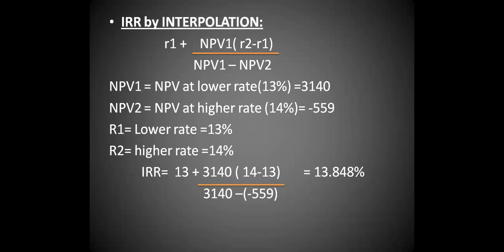So using BODMAS, we will have to actually add this, because it's in brackets, and when we remove the brackets, the sign will change, so it will become plus. So 3140 plus 559, and we will solve it, and the answer will come to 13.848% approximately. So this is how we do it by the interpolation method.